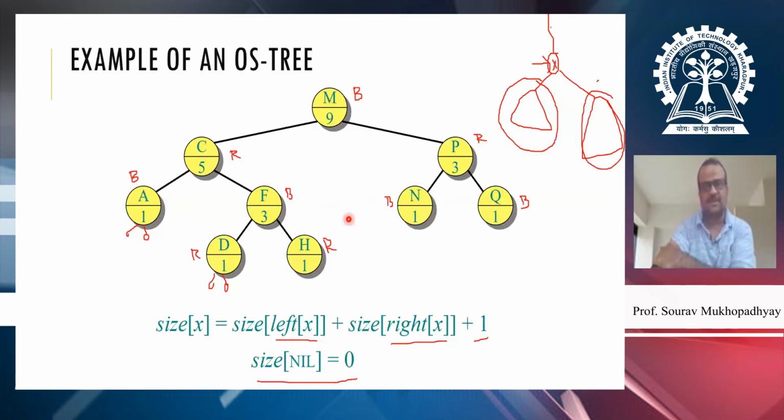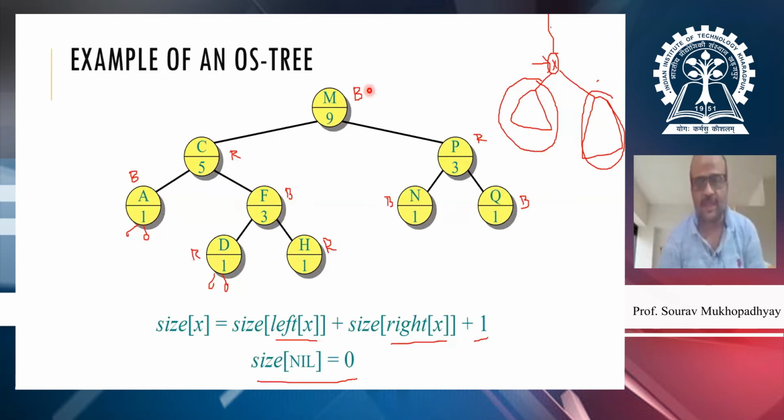Similarly, this node is 3, and then finally for the root, the size of the left subtree we can check in this field. This is 5, and this field is the size of the right subtree, which is 3. So 5 plus 3 is 8, plus 1, 9. So this is done. This is the augmentation we are doing in our red black tree.